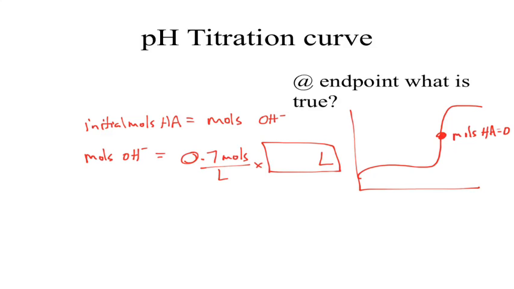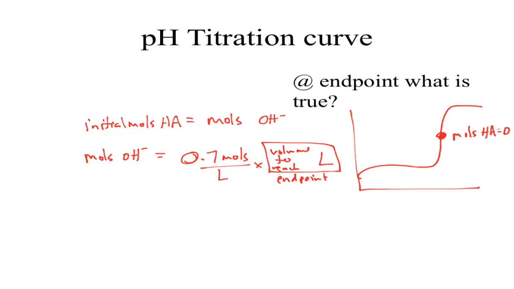Liters of what? Base to reach what? The end point of our reaction. So this will be the volume to reach the end point. That gives us our moles of OH. What does that tell us about HA? Tells us our moles of HA.